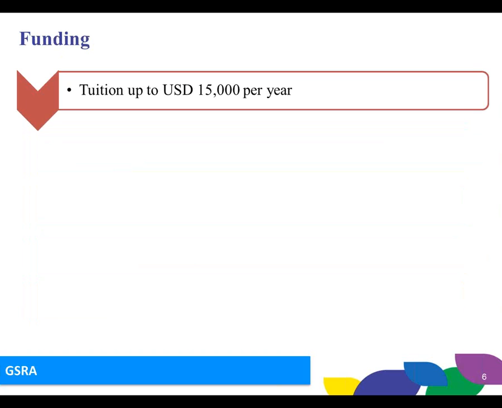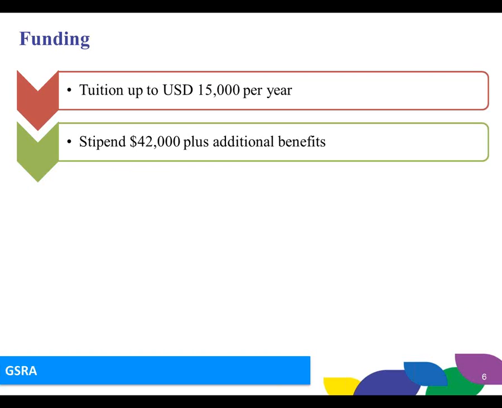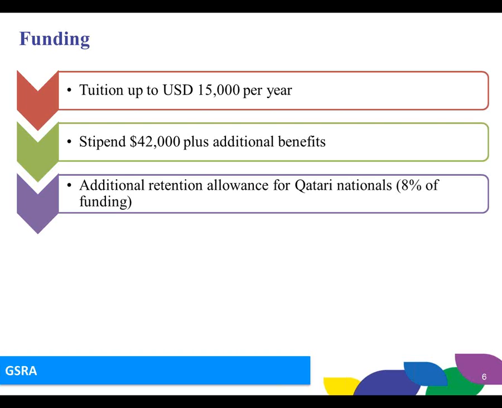The funding amount is up to USD 15,000 per year for tuition. The stipend is separately calculated for each student at $42,000 per year. And this also entails additional benefits, which include housing, insurance, and travel, and also any education allowance for dependent students.